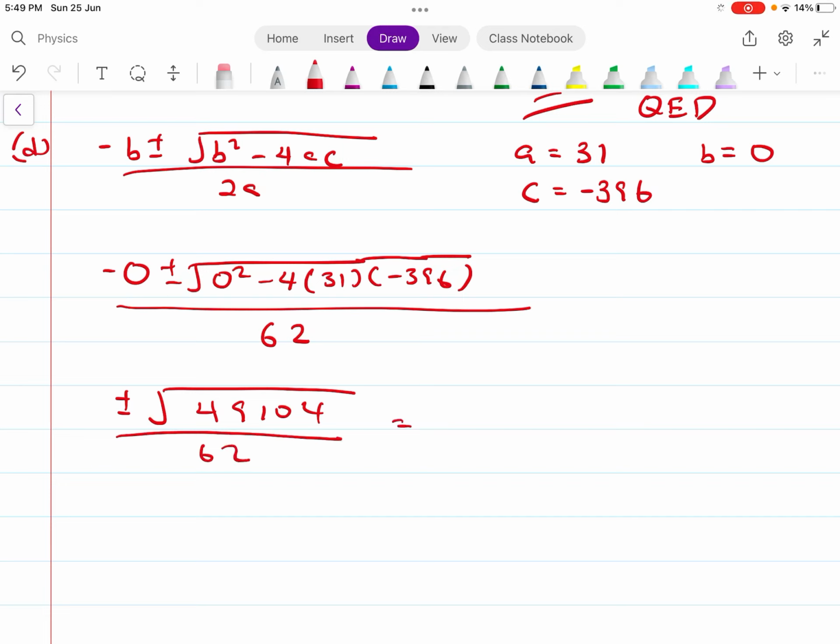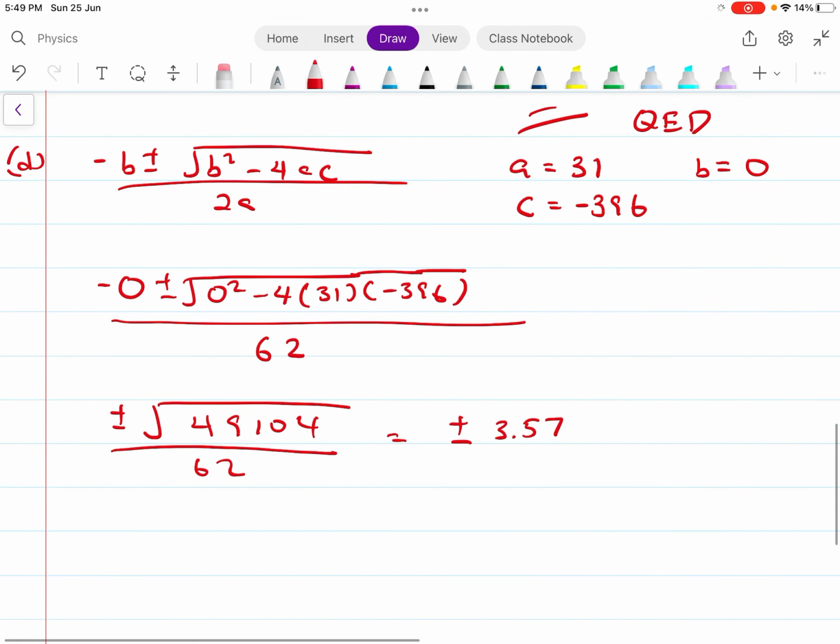Let's see what I get. It's not a very nice number: plus minus 3.57. So this will be my x. However, x is in terms of speed, meaning that I can only have positive. So x is equal to 3.57 kilometer per hour. I must reject the negative because there's no such thing as negative speed.